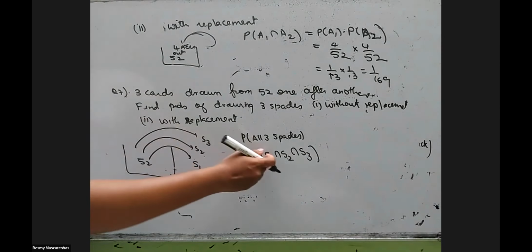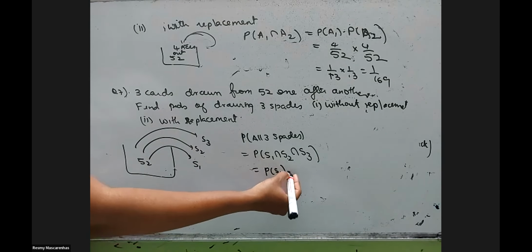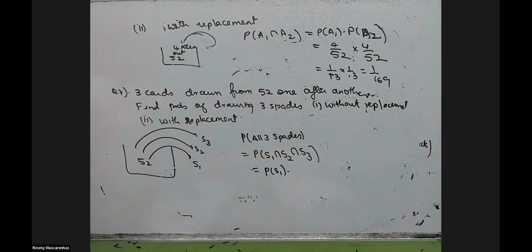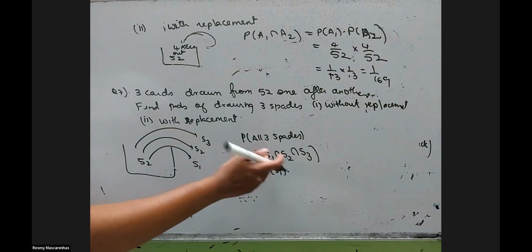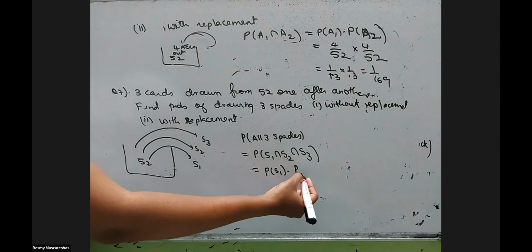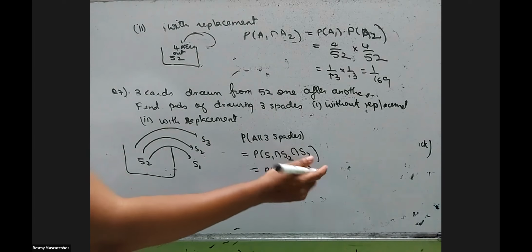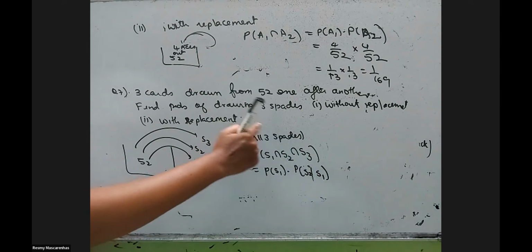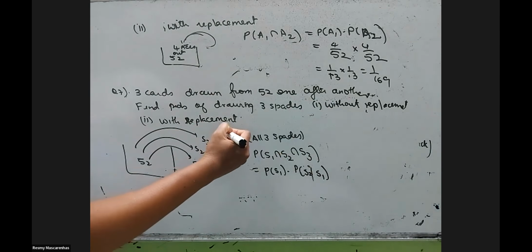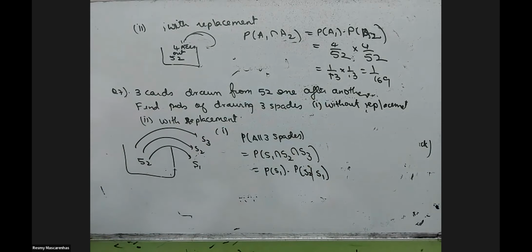Now if you have 3, you know how to split this. First one is not dependent on anyone, so it is just P of S1. Now second one obviously is dependent on the first one. P of S2, the probability of the second card, is dependent on the first, because you're doing without replacement. You're keeping it aside. So the second one is dependent on what was the first card.